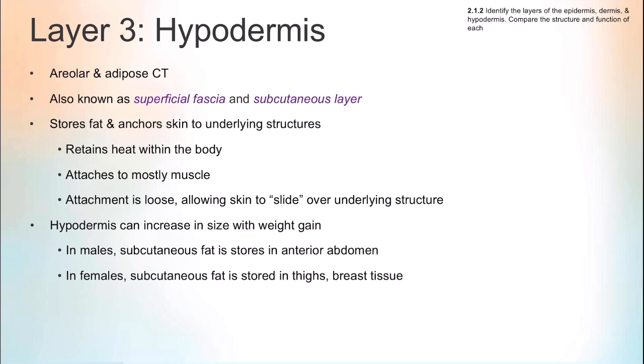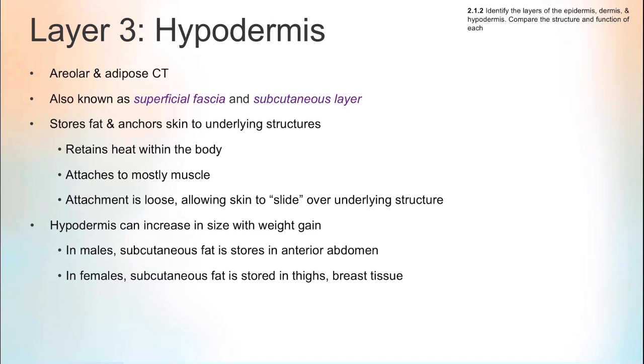Our attachment here is going to be relatively loose, but it is not going to be loose enough that the skin is able to move entirely separate from the material under it. So we will see that the skin is able to slide over that underlying structure, but it's not going to completely separate. So think of it as wearing a nice, well-fitted shirt. You have enough room to move, but it is not so tight that it's restricting, but not too loose to where you throw your arm up and the whole sleeve falls down.